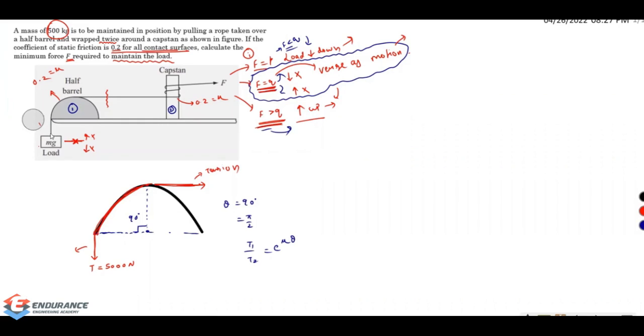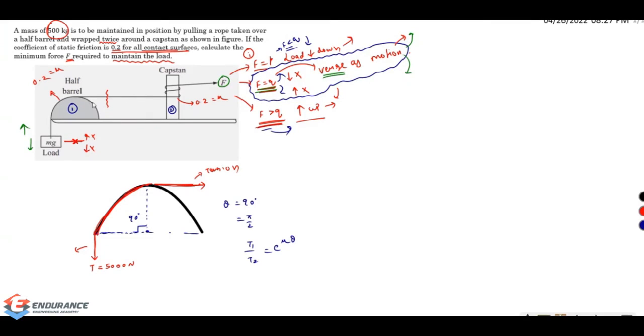So simply this is the force at which the body will be in static equilibrium, or I could say it is at the verge of motion. If I decrease it a little, this load will move down. If I increase it a little, then this load will be moving up, because this force is sufficient for pulling this load up.